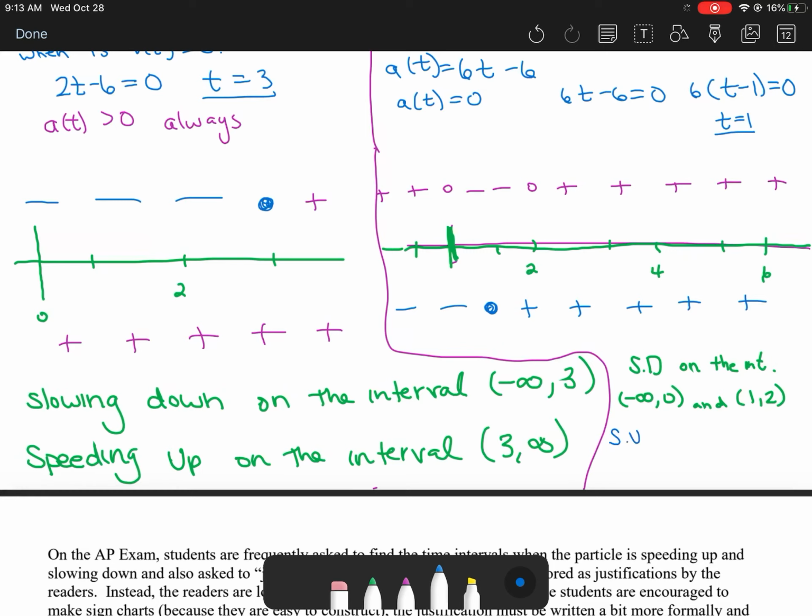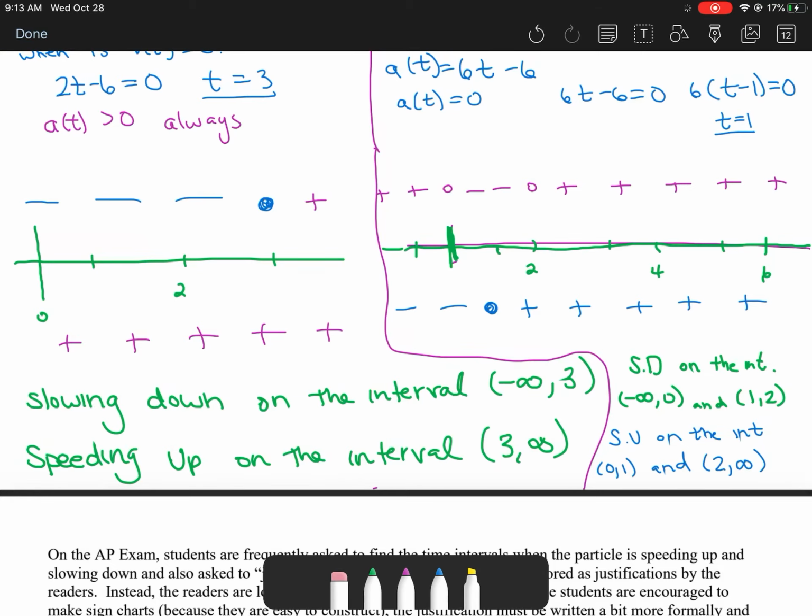Okay, now I'm going to answer where is it speeding up. So these are speeding up on the interval. Again, this is where they're going to be the same sign. So I notice that they're the same sign from 0 to 1, and I notice that they're from 2 to infinity. Okay, so hopefully you did well on that one.